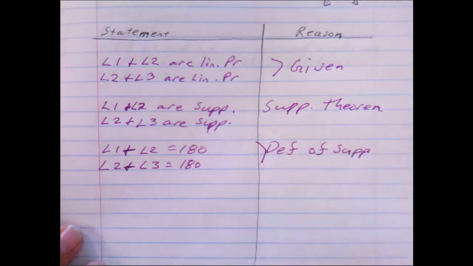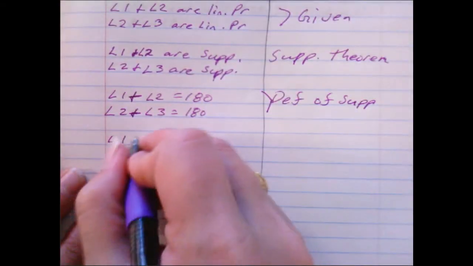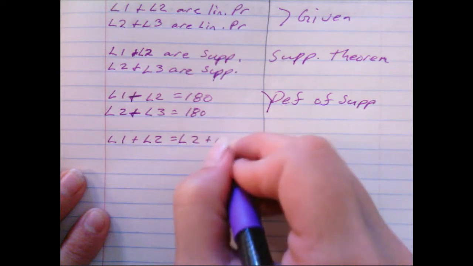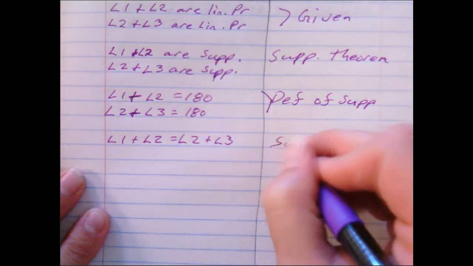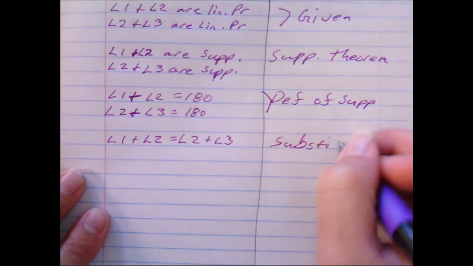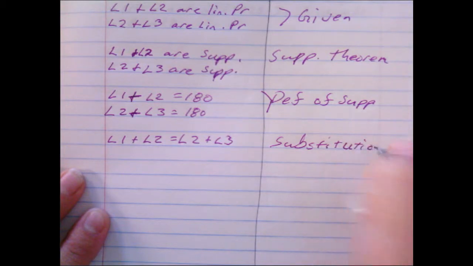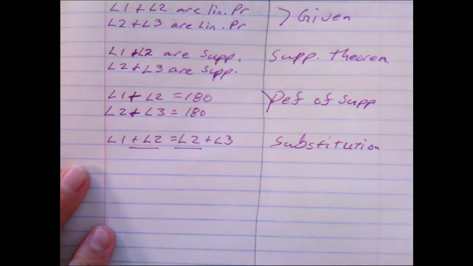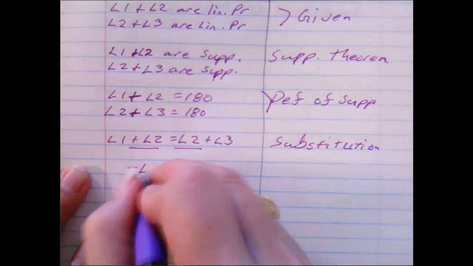Same reason there. So then from here I'm going to do substitution. Angle 1 plus angle 2 equals angle 2 plus angle 3. This is substitution. Now I can see I have an angle 2 on both sides, so I'm going to subtract those.